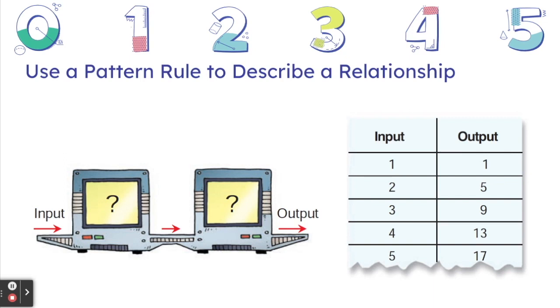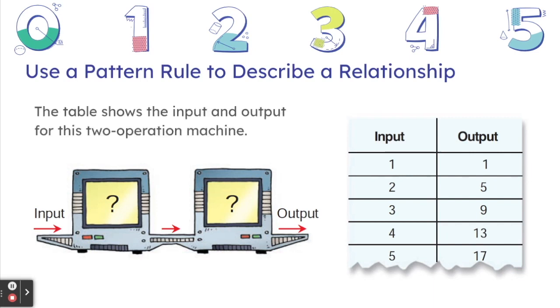Now, just remember, operations means either addition, subtraction, multiplication, or division. When we find the pattern rule that describes the relationship between the input and output columns, it tells us the numbers and operations that go in the corresponding input-output machine. And if that all sounds confusing, follow along with me as we go through it step by step.